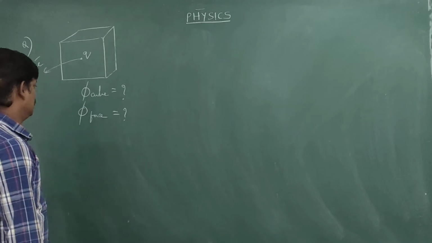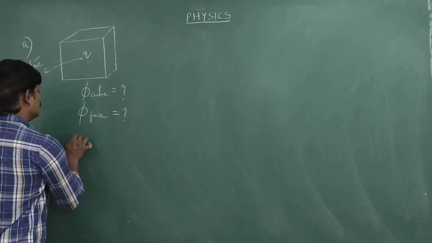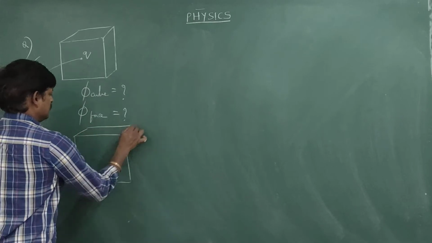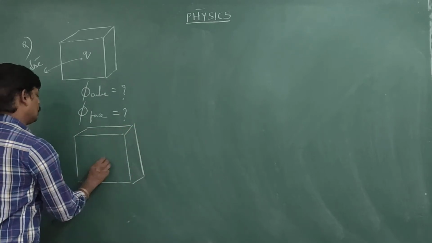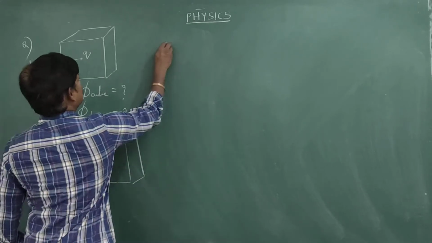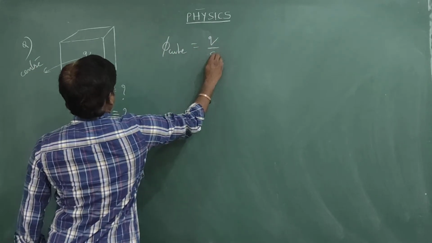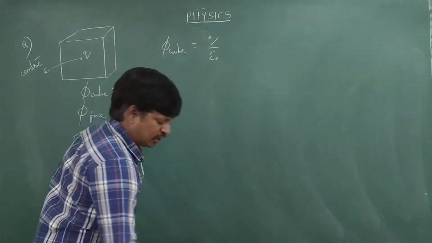Is that clear? So, according to Gauss law, we know very well, flux through any closed surface is equal to charge enclosed divided by epsilon.